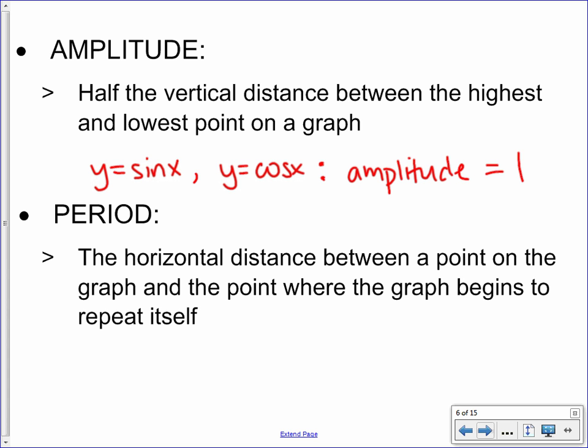So the period is kind of that unique part of the graph before we begin to repeat again.